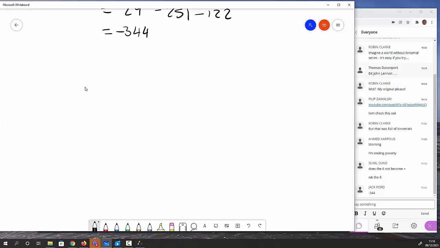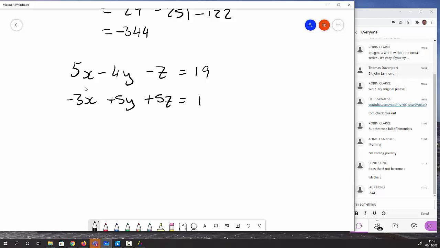like to have some simultaneous equations. So what about 5x, why do my 5s look so terrible today? 5x minus 4y minus z is equal to 19, and minus 3x plus 5y plus 5z is equal to 1, and we've got 5x plus y plus 3z is equal to 25.